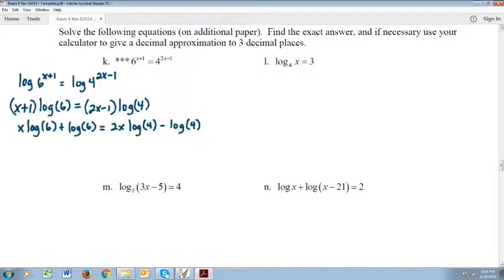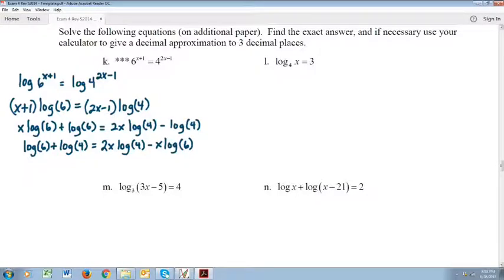And the log 6 and the log of 4, minus log 4, I want to get those on the same side. So I'm going to rearrange the equation so that that's the case. So I basically added log 4 to both sides, and I subtracted x log of 6 to both sides, and so I get what I have here.